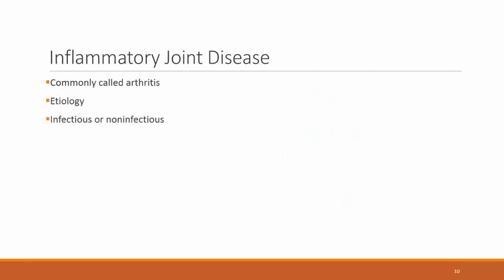Inflammatory joint disease, again commonly called arthritis, is somewhat different from osteoarthritis. It's inflammatory damage and destruction of the synovial membrane and articular cartilage, and has some systemic signs of inflammation.